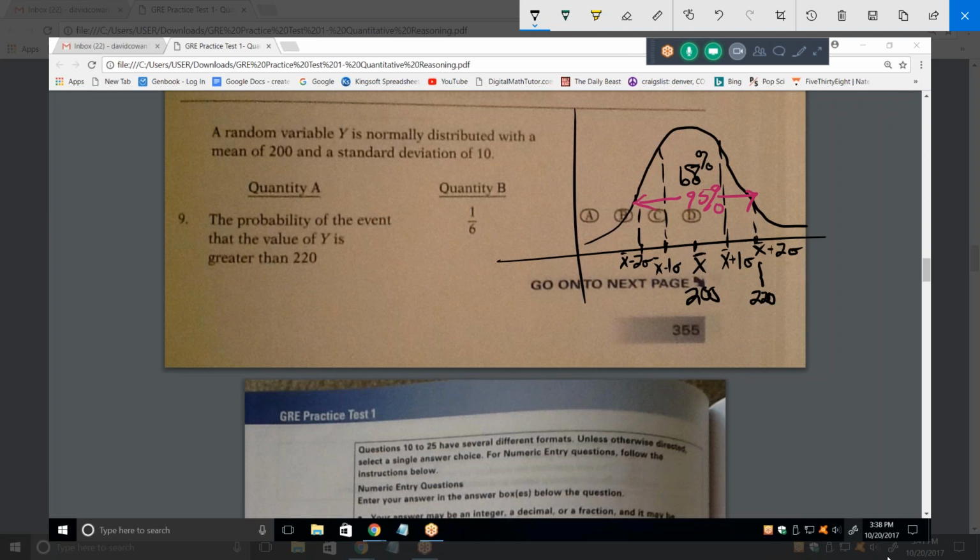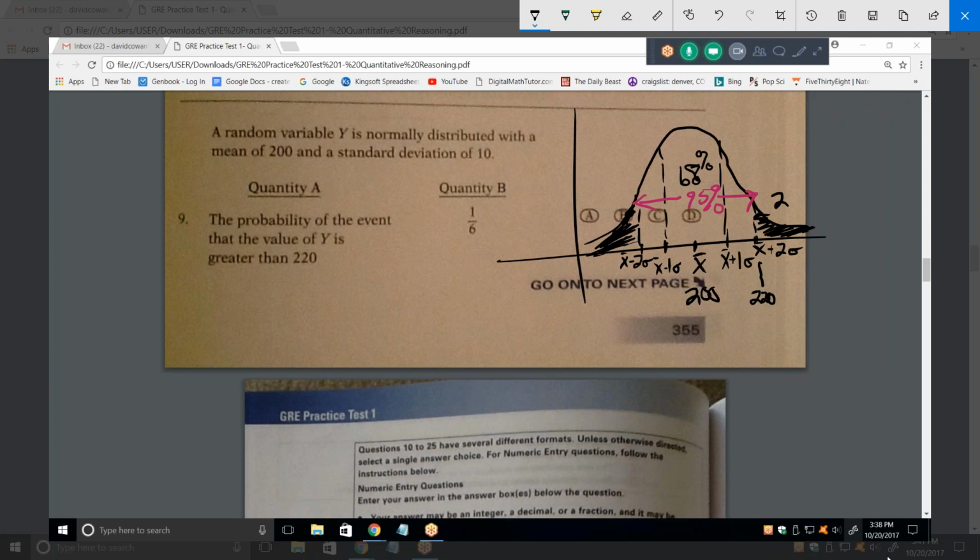Well, the total area outside those two points is 5%, right? If in the middle it's 95%, then it's 5%, and that's only half of that.